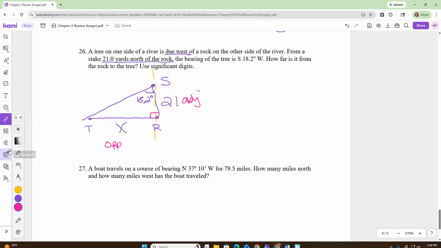So opposite and adjacent is the tangent of 18.2 degrees equals x over 21. Multiply that 21 over. I get 6.9044. I said significant digits, so there were 3 in the problem, so 6.90 yards.